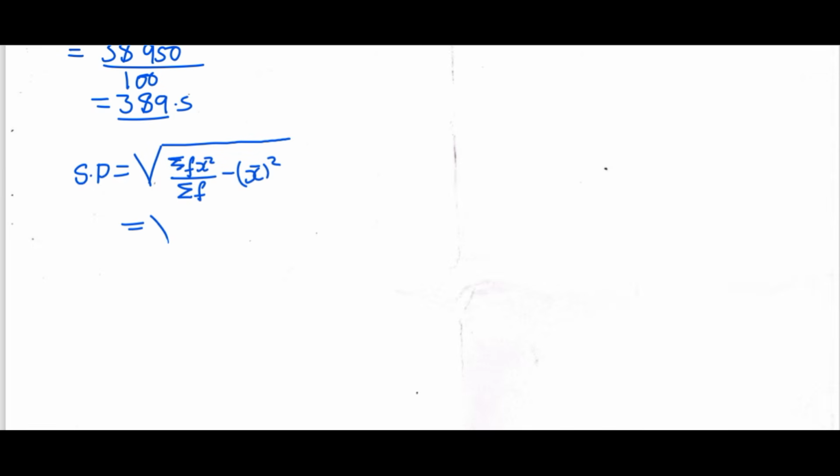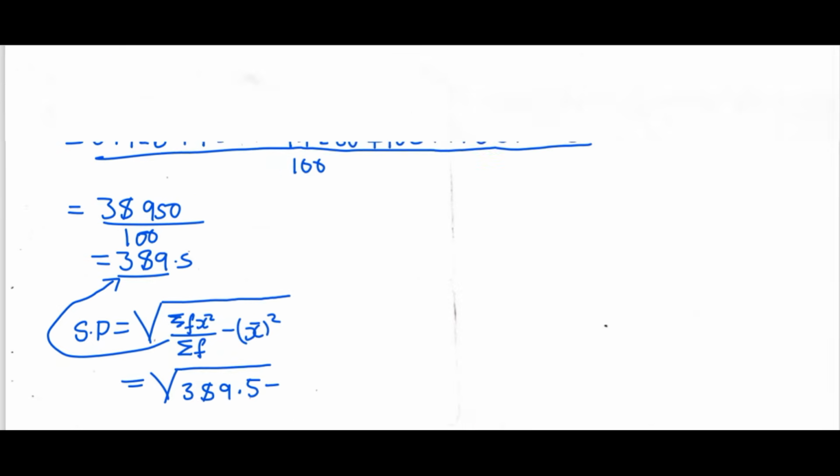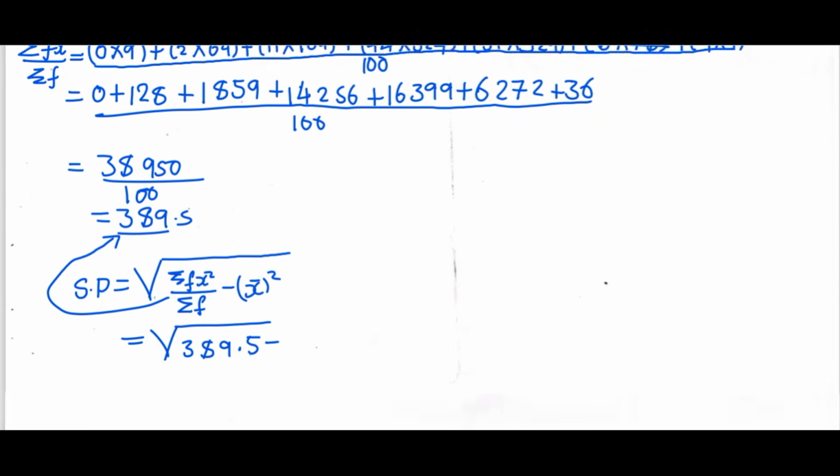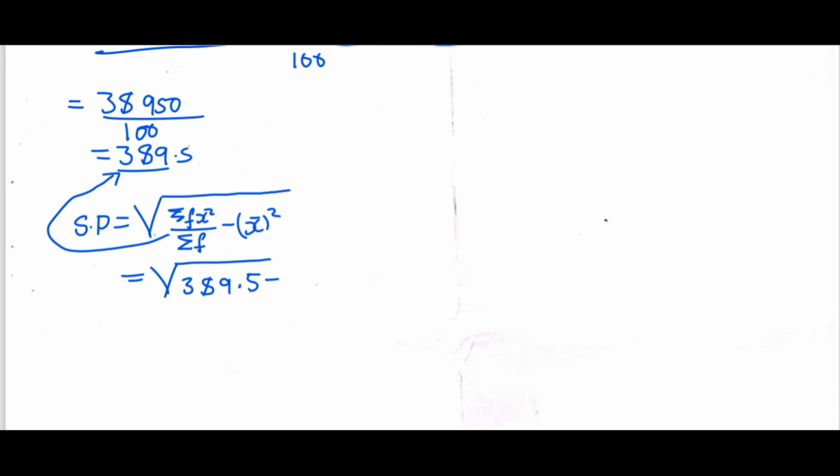So we can now do the substitution. We have found this number here, so this will be 389.5 minus what's our mean? Mean we calculated to be 19, but we need to square 19. So what is 19 squared?